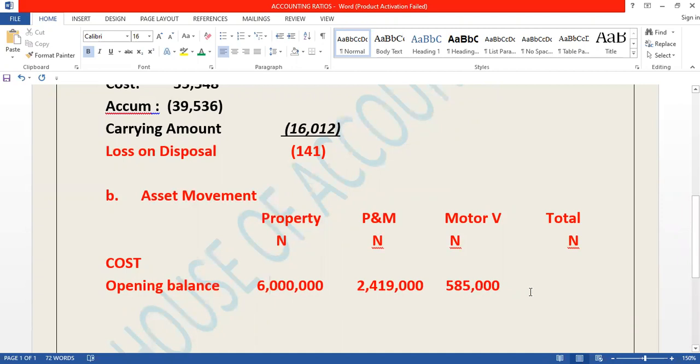What do you get as the total figure? 9,004,000. I hope I'm right with that figure I have there.